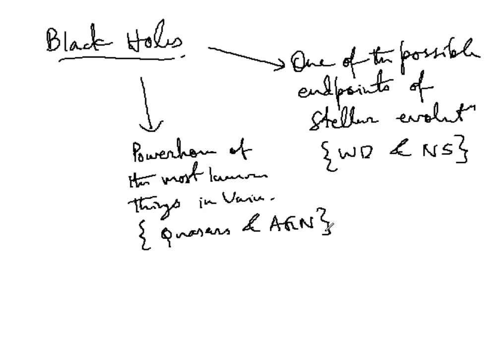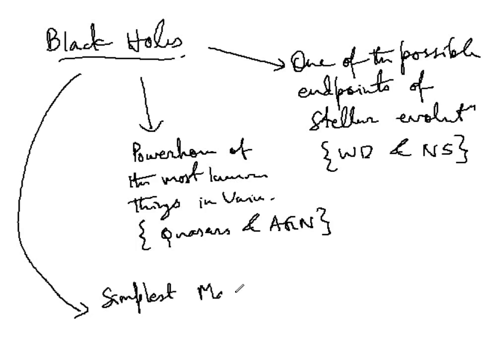Now, the third point is very interesting. In a way, you can say they are the simplest macroscopic objects in the universe. Why do you say that they are simplest?